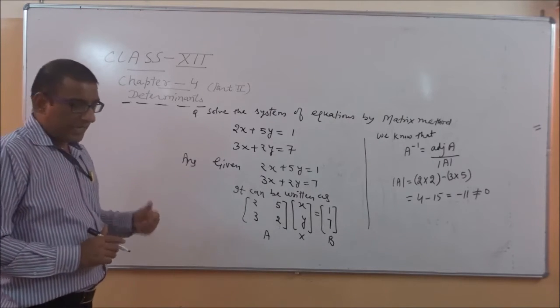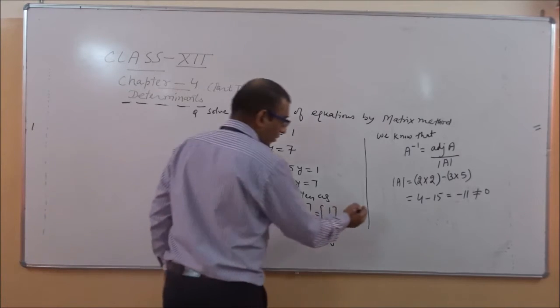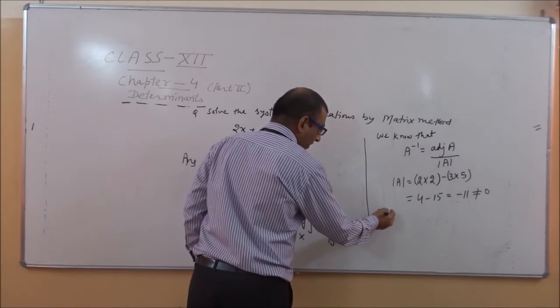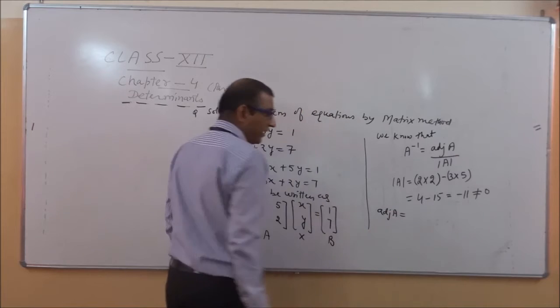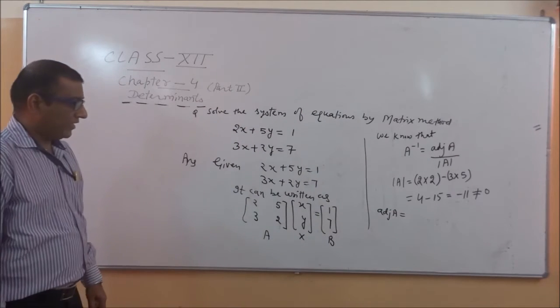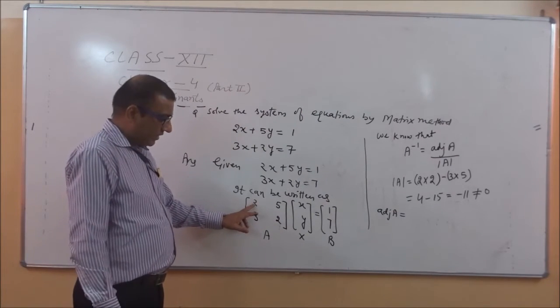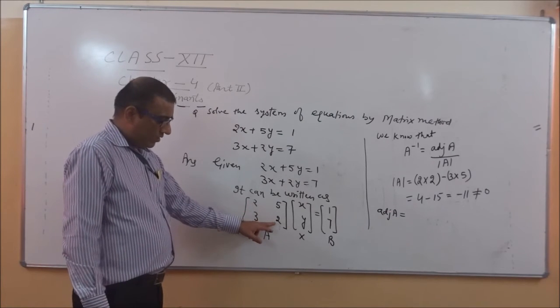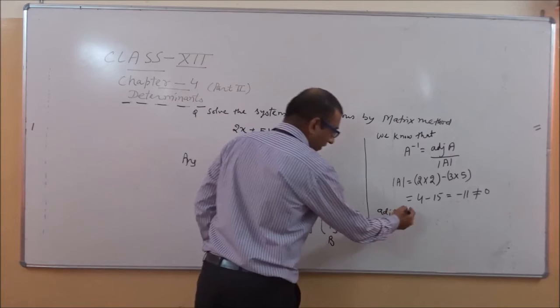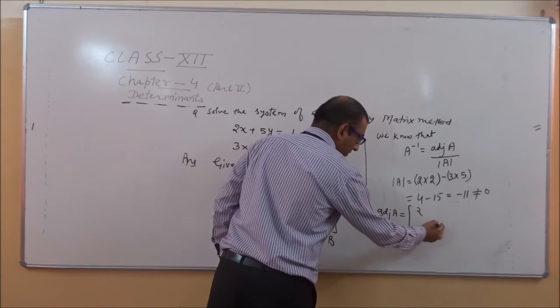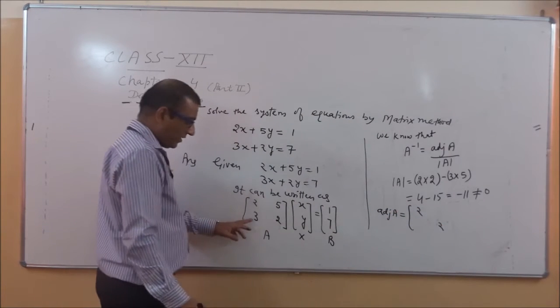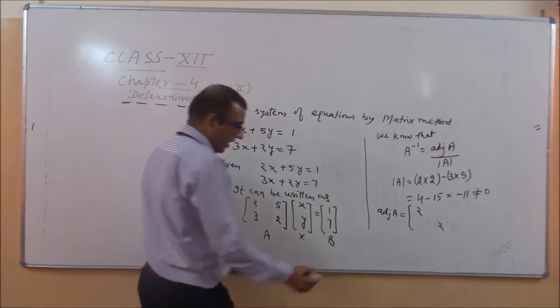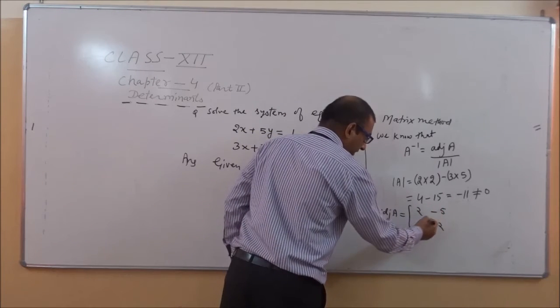Now we will calculate adjoint A. So as I told earlier, whenever a 2 into 2 matrix is given, we will directly calculate adjoint A by the shortcut method. So we will interchange here. If you see 2 is given here, 2 is also given here. So same thing will again come if we interchange. And then here we will write minus 5 and minus 3 by shortcut method.